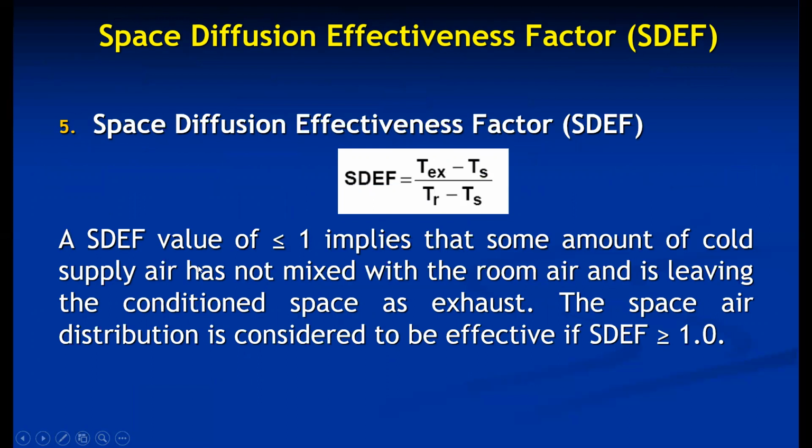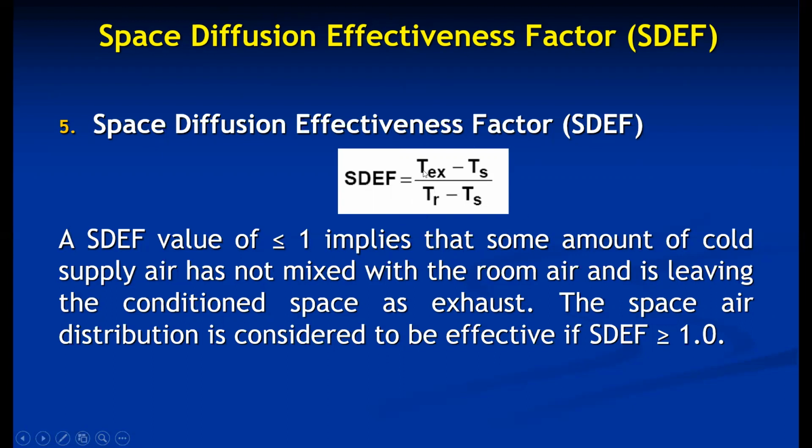It is recommended to have this SDEF value greater than 1, because if it is less than 1, it implies that some amount of cold supply air has not mixed with the room air and is leaving the conditioned space as exhaust. So it is mandatory to have this SDEF value greater than 1.